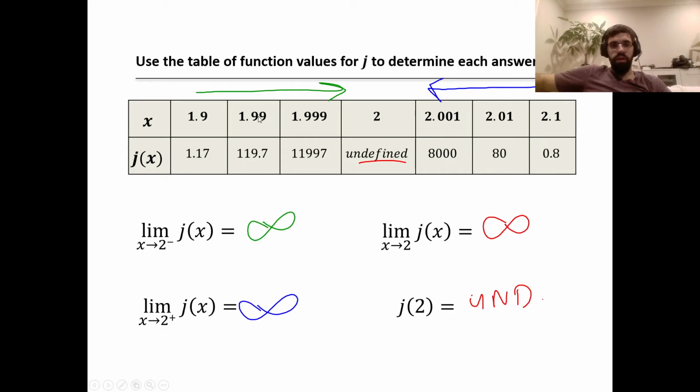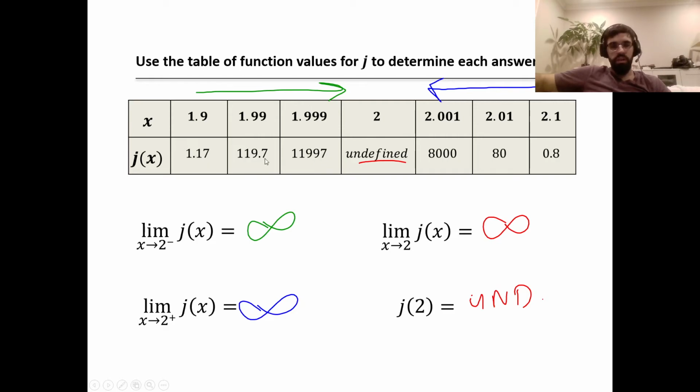And then from 1.99 to 1.999, we're going up by only a tenth of what we went up by before. This interval is a tenth of the size of the first interval, going up by 9 thousandths, excuse me. So even though we're going up by a tenth of the interval as we did before, our outputs are still going up by over 100-fold.